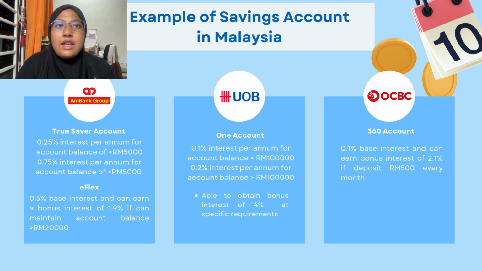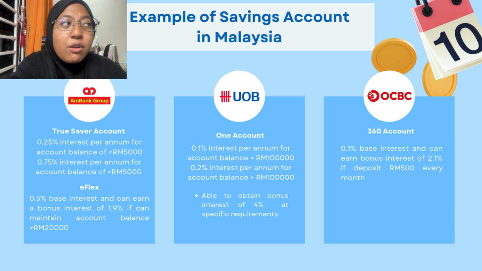0.25% interest per annum for account balance less than 5,000 ringgit and 0.75% interest per annum for account balance more than 5,000 ringgit. E-Flex account offers 0.5% base interest and can earn a bonus interest of 1.9% if we can maintain the account balance at more than 20,000 ringgit.